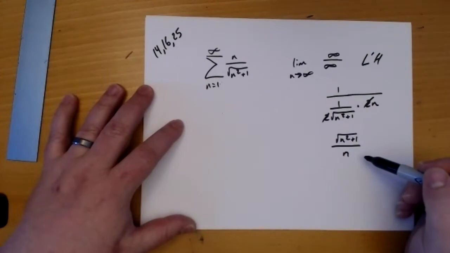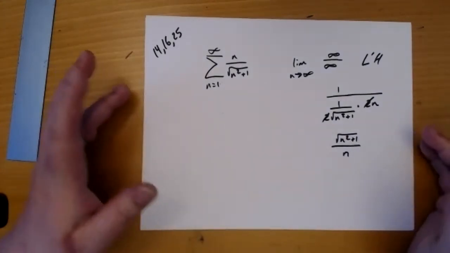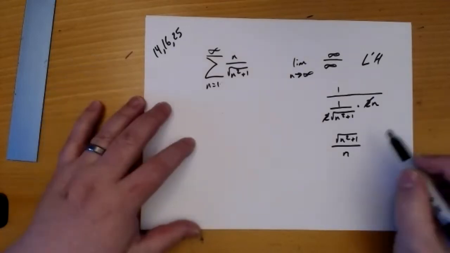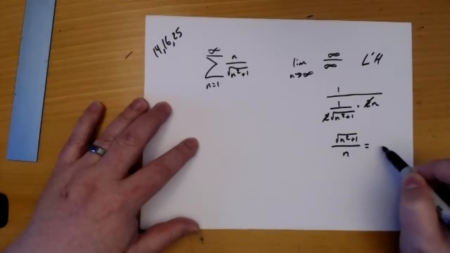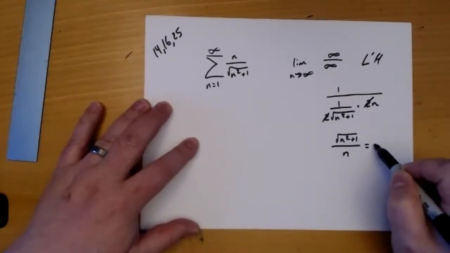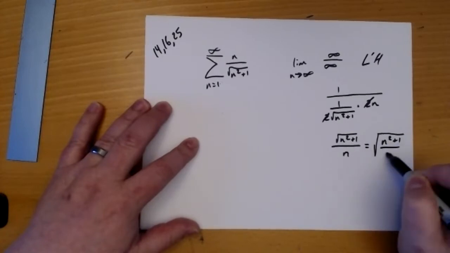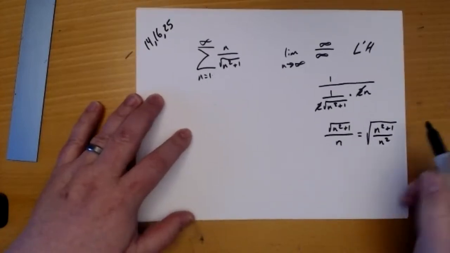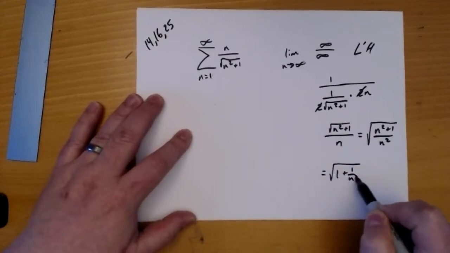Now, if we look at this, first of all, we're going to learn a test today that's going to make it really, really easy to do. But you can do this. This is the same thing as saying the square root of n squared plus 1 all over n squared, which is the square root of 1 plus 1 over n squared.